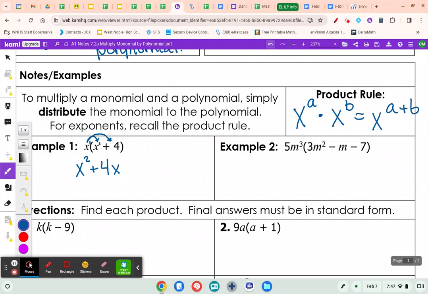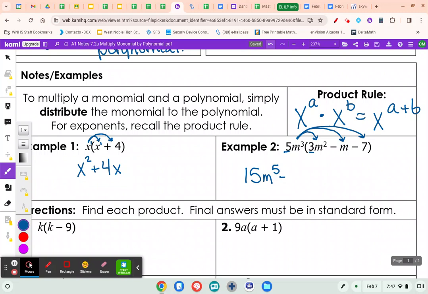We can do the same thing on example 2. We distribute. This time it is 5m cubed. So you have to take the 5 multiplied by the other big numbers. So 5 times 3 is 15. And then you have to add the exponents. M cubed times m squared becomes m to the 5th. You do the same thing with the remaining ones. We have negative 5, because there's technically a negative 1 here.